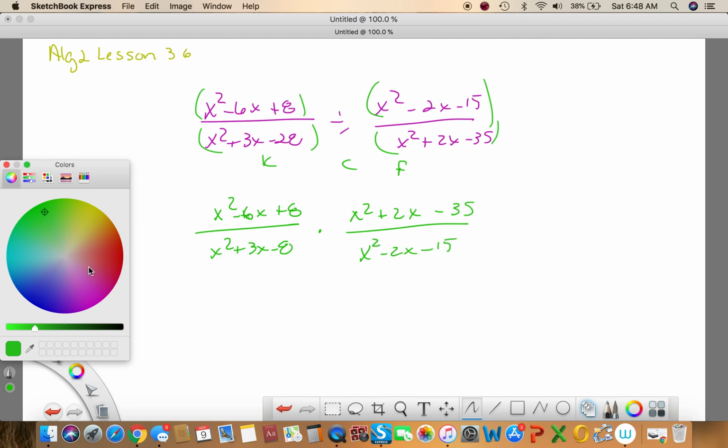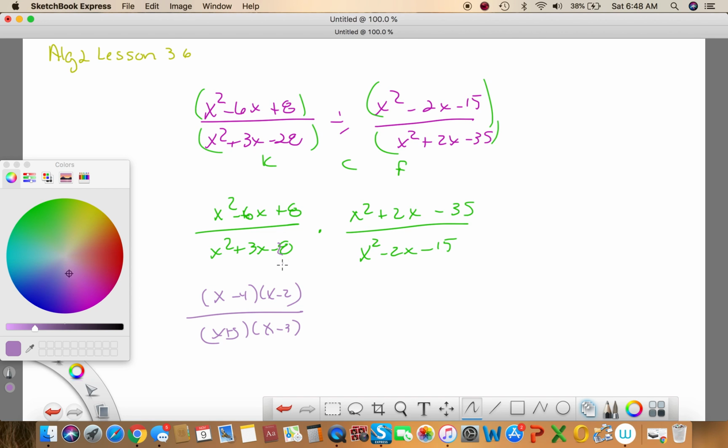So now I can factor these. I get x minus 4 times x minus 2 over x plus 5 times x minus 3. Oh, this is 28.